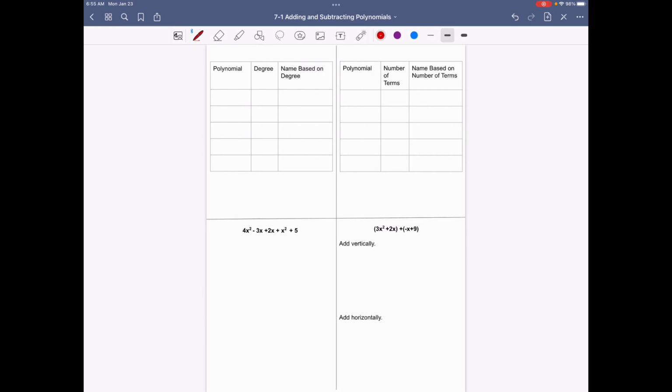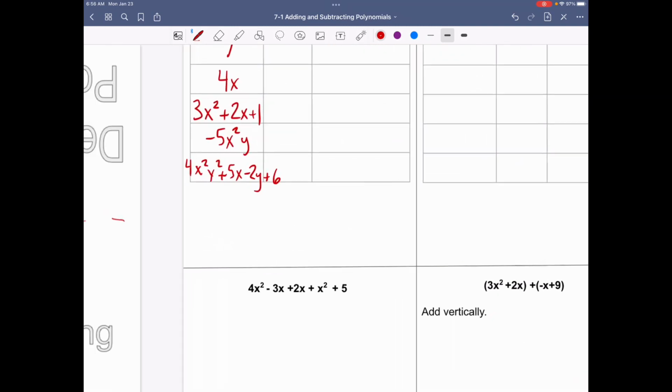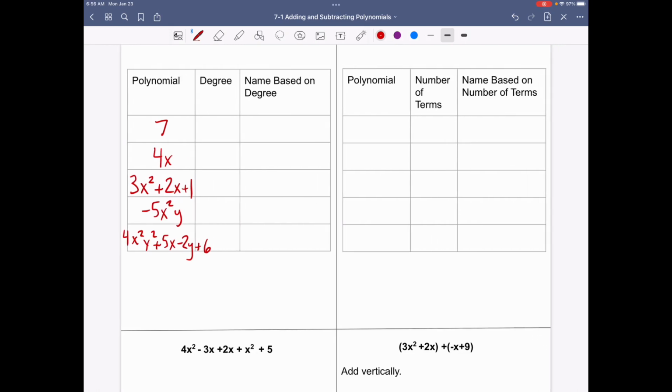And so I'm going to just give you some polynomials, and they're going to get bigger as we go. 4x squared y squared plus 5x minus 2y plus 6.